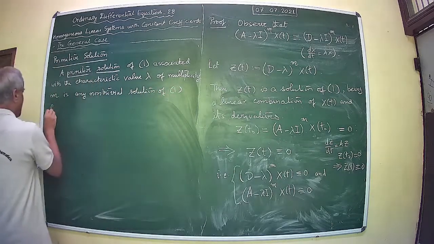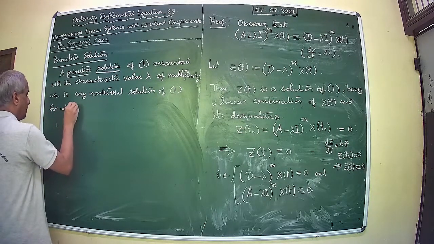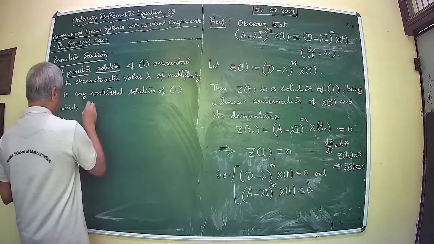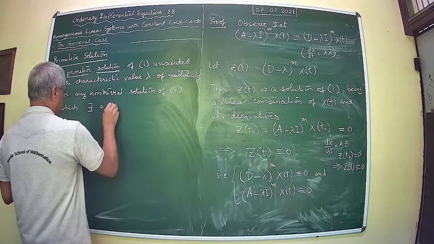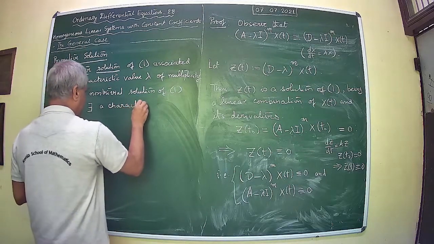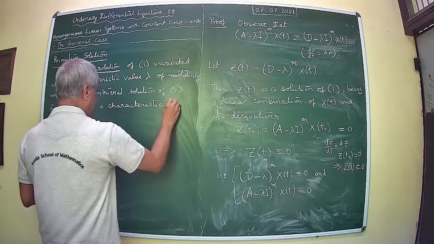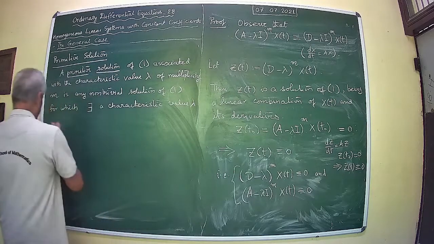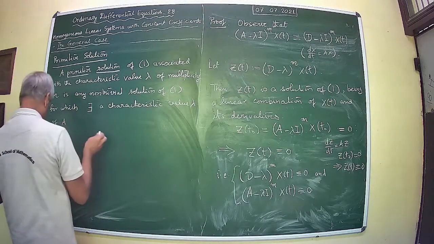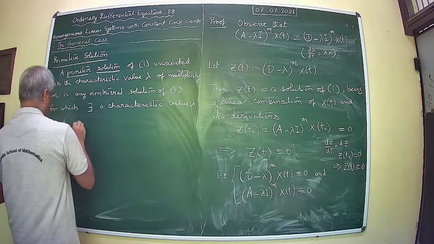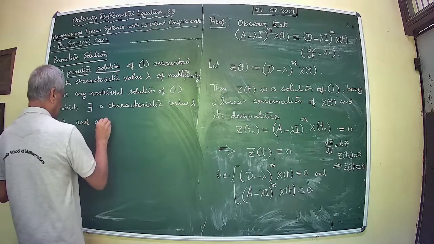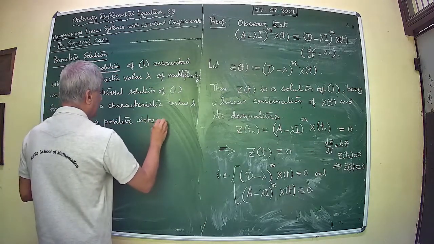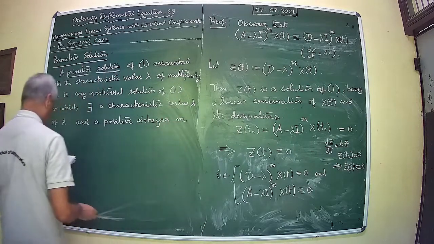for which there exists a characteristic value lambda of A and a positive integer m such that (D minus lambda I) to the power m x(t) is identically 0.